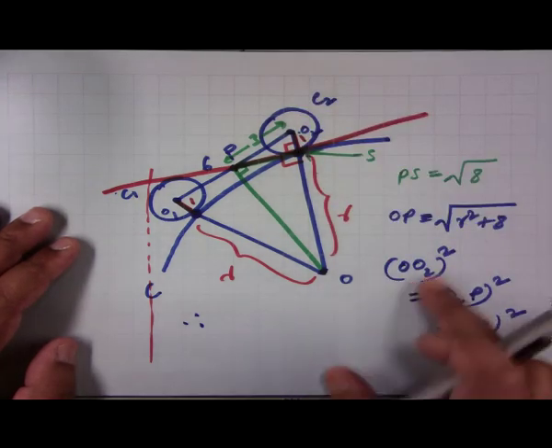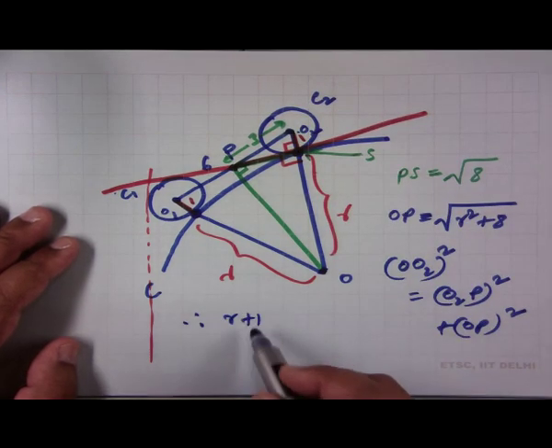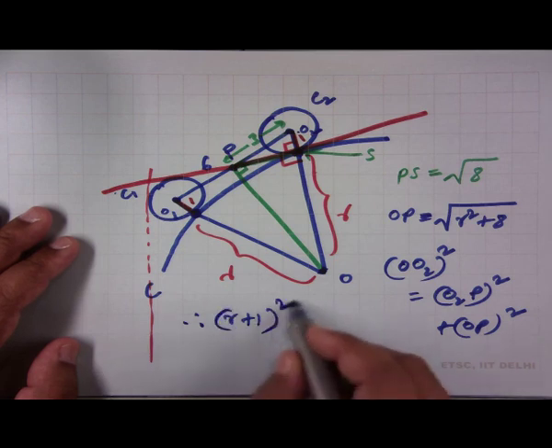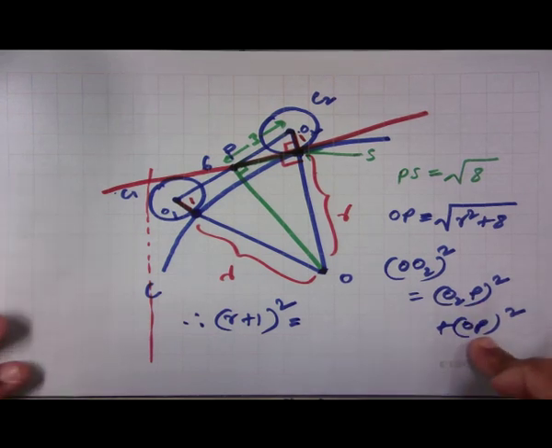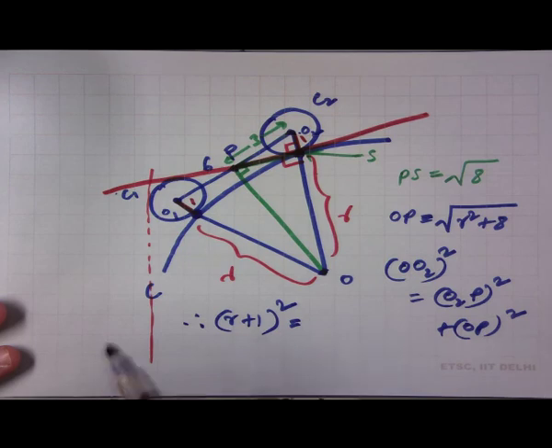So, OO2 square is r plus 1 whole square, which is equal to O2P whole square plus OP whole square.